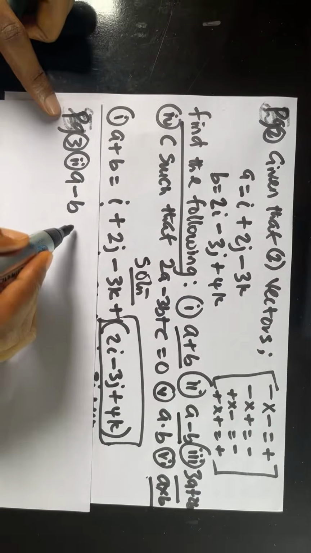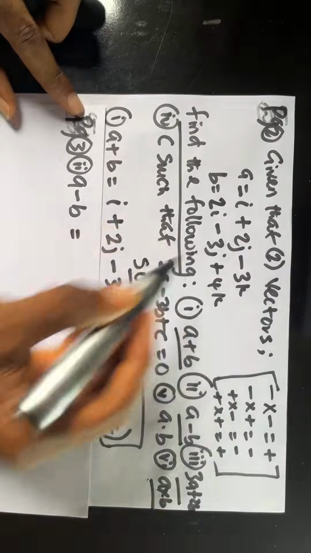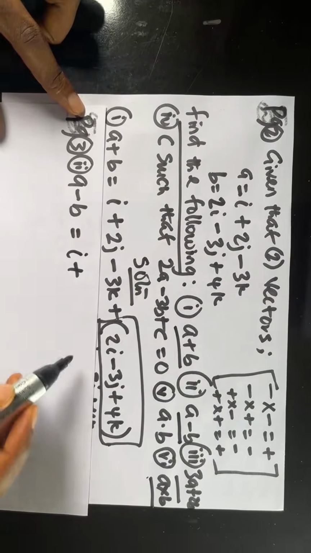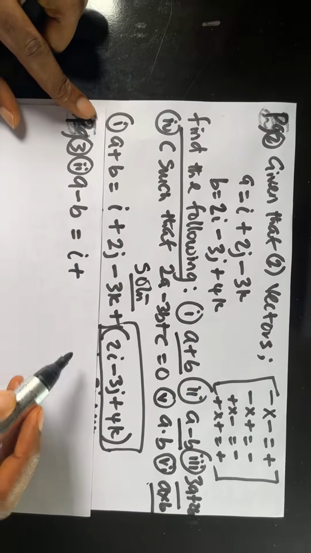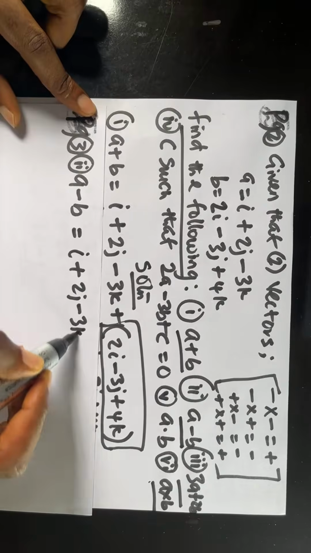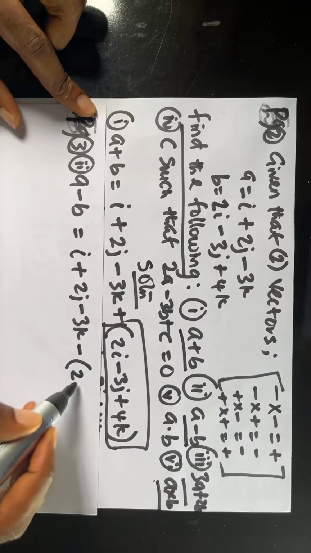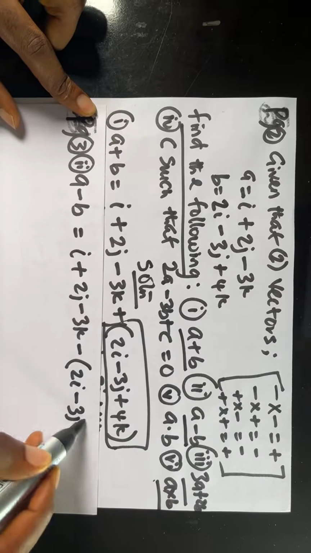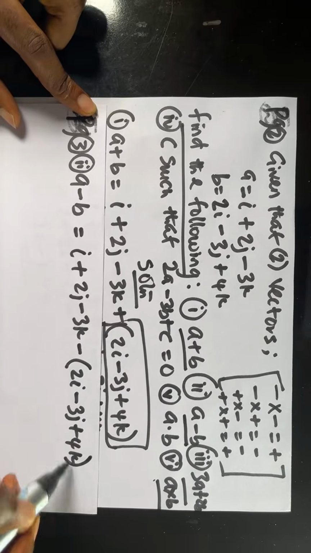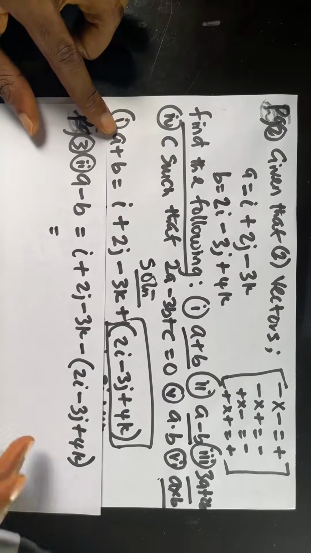So therefore, this will be equal to, let's write down the vector for A. I plus 2J minus 3K minus bracket open B, 2I minus 3J plus 4K, bracket close. Now let's open up the bracket. First thing first.